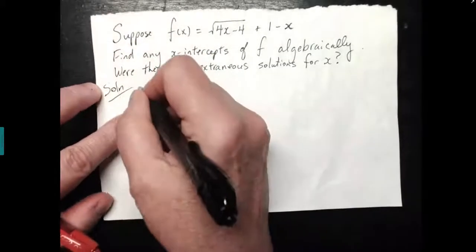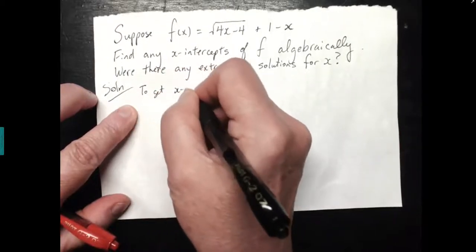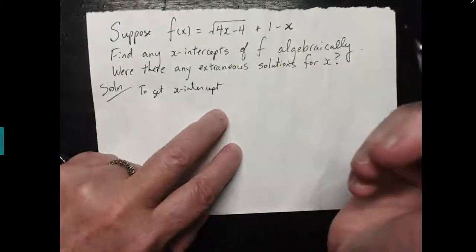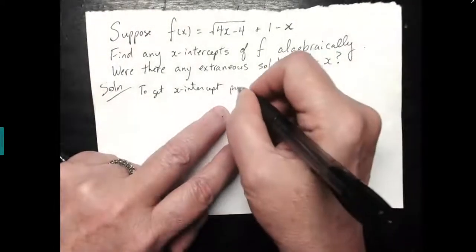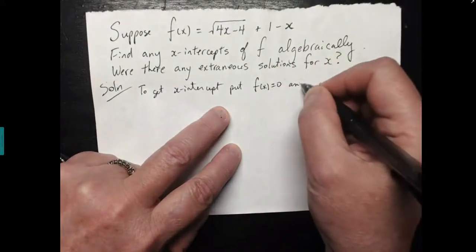our solution to get the x-intercept. We have to put f of x equal to 0 and solve for x.